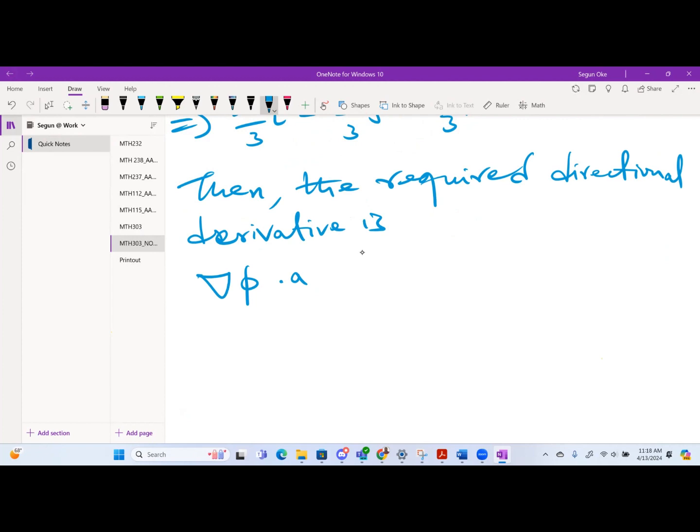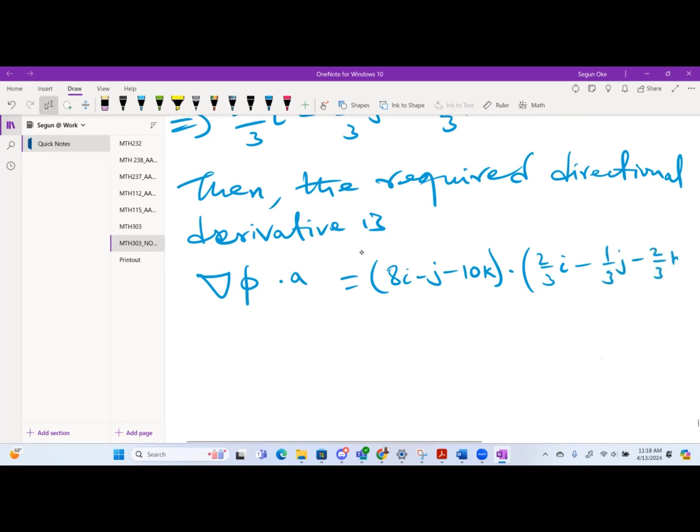We calculated it. So del phi will be 8i minus j minus 10k dot 2 over 3 i minus 1 over 3 j minus 2 over 3 k. So dot component by component, don't forget.